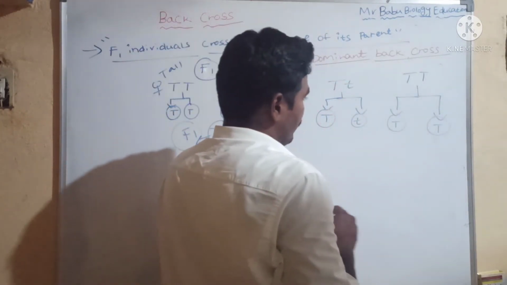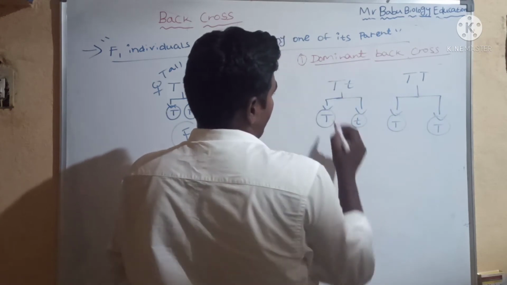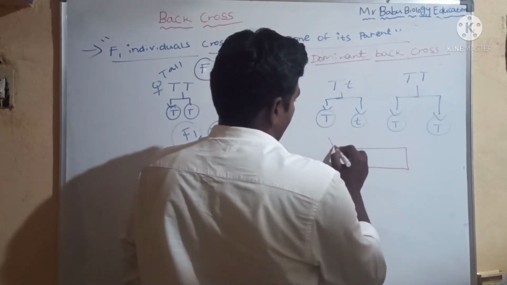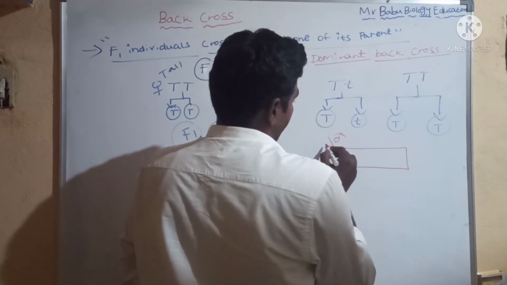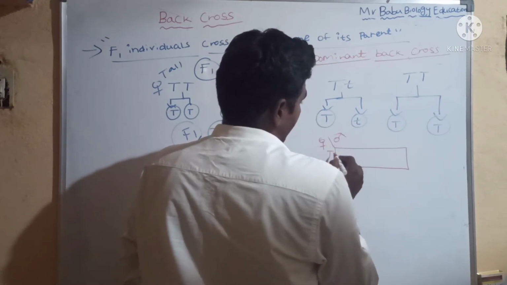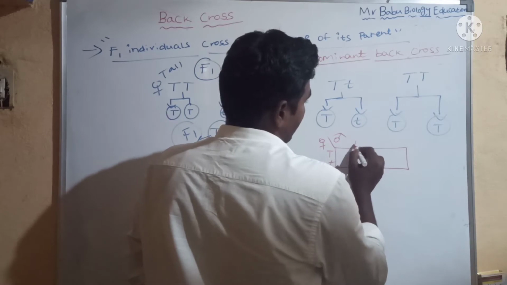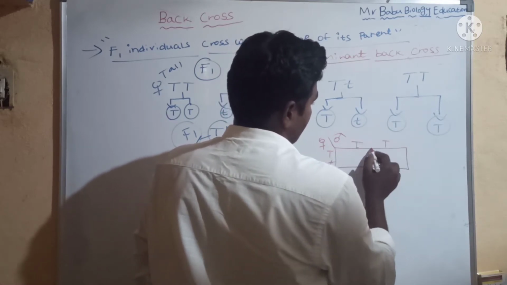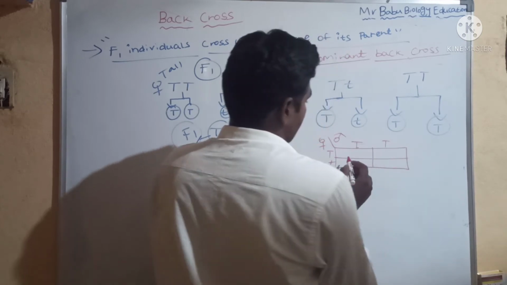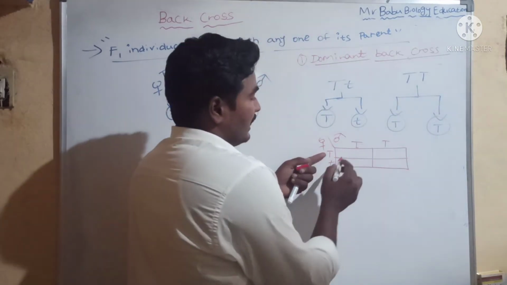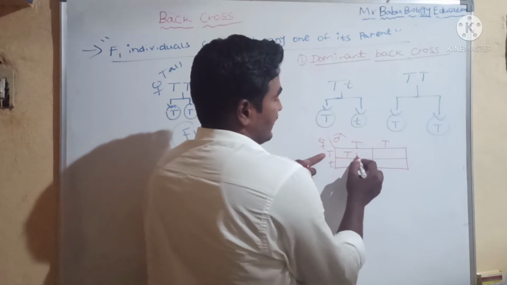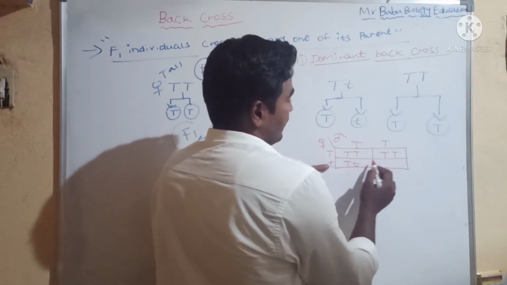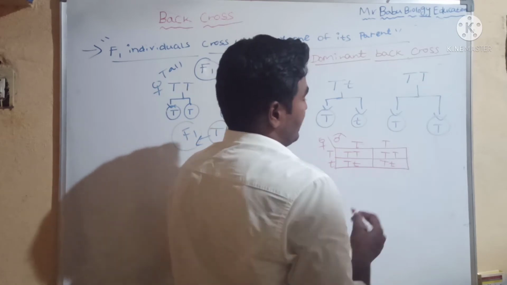So here I am writing the Punnett square. Female heterozygous, and male dominant homozygous. This female gamete can fuse with the male capital T. We get capital T capital T, capital T small t, capital T capital T, capital T small t.